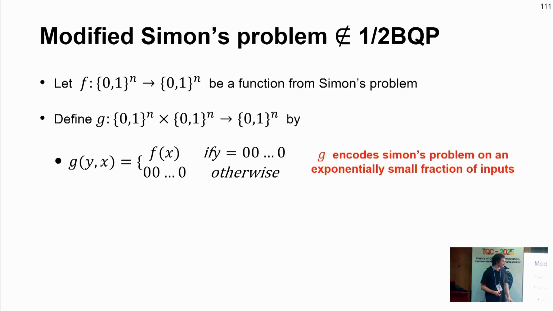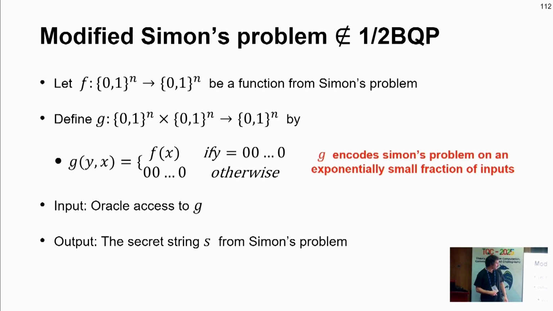So one consequence is there's this modified Simon's problem, where you take Simon's problem and you stick it in a corner of your unitary matrix. So in particular, you have 2n bits of input, and if the first n bits are all zeros, then it acts as Simon's problem. Otherwise, it's, let's say, constant. And you need to be able to set those first n bits to 0 to even access the Simon's function.